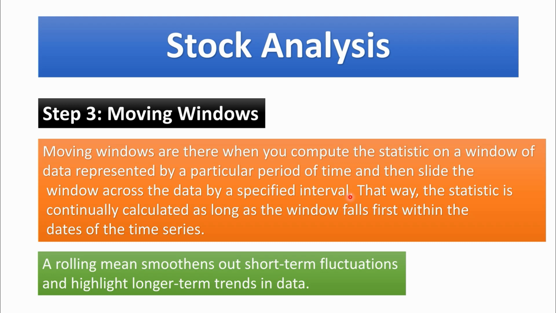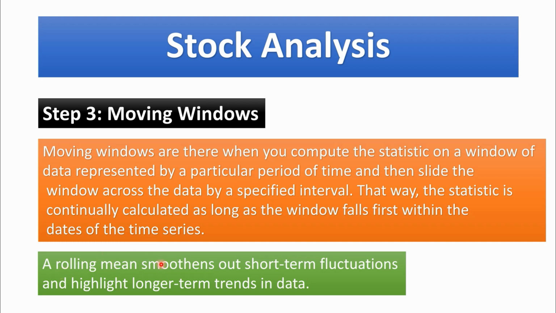Using this specified interval, you are sliding the window across the data. That way, the statistic is continuously calculated as long as the window falls within the dates of the time series. We'll understand this more when we code.